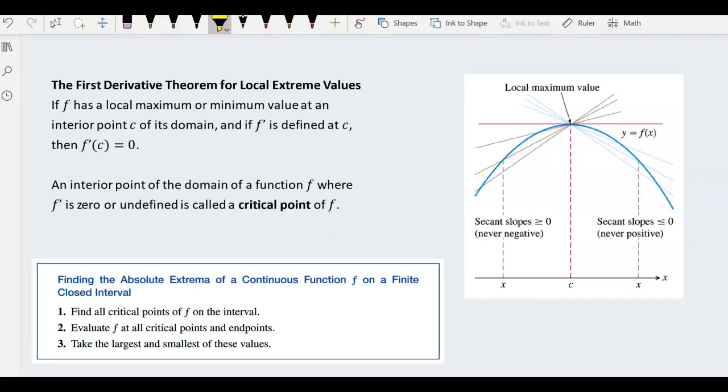On the other side, over here on the right, all of the secant lines have slopes which are negative. So, looking at this as a graph proof, we've got slopes on the left that are positive, slopes on the right that are negative. So somewhere in the middle, if I go from positive to negative, I've got to go through 0 at some point. And so we'll show that the slope of the tangent line there is in fact going to be 0.